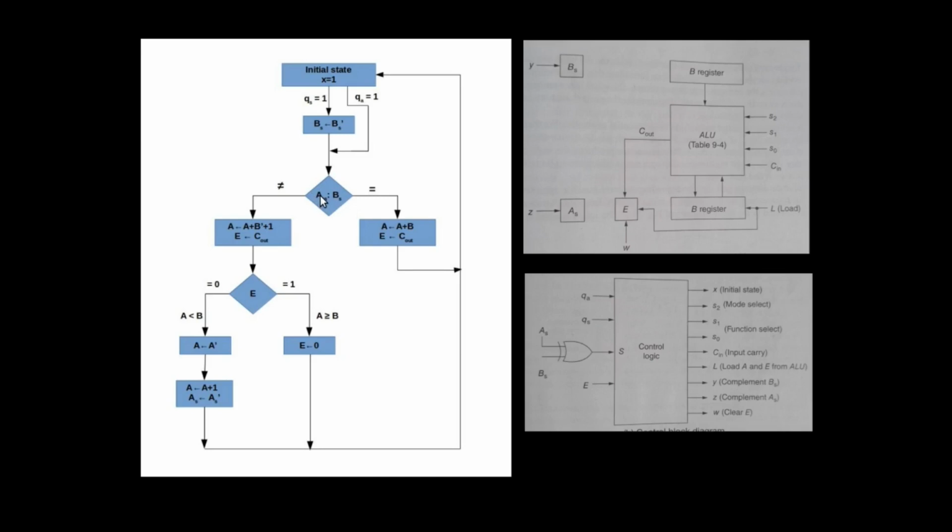Then if they are not equal, the sign bits are different, we have to go to the state corresponding to this function box. We can make another state for this function box. The operations are A is equal to A plus B complement plus 1 and E is equal to C out.